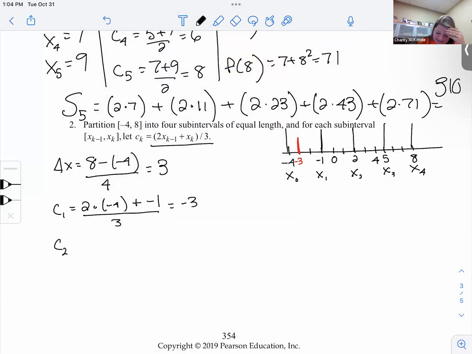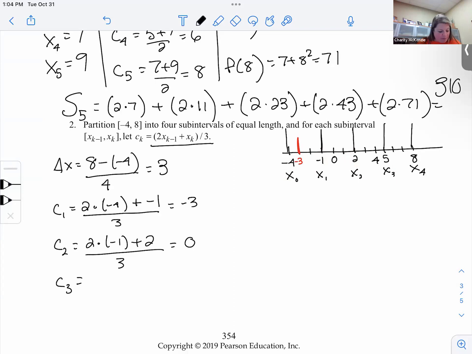So our next C value will go 2 times the next number, which is -1, and then you add the 2, the next x number. Then we divide that by 3, which is going to give us 0.